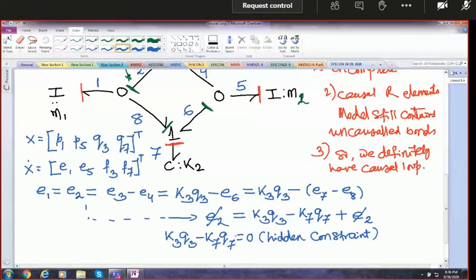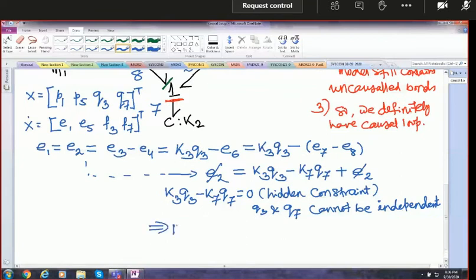So Q3 and Q7 cannot be independent. That means both of them cannot be states. That's one observation.